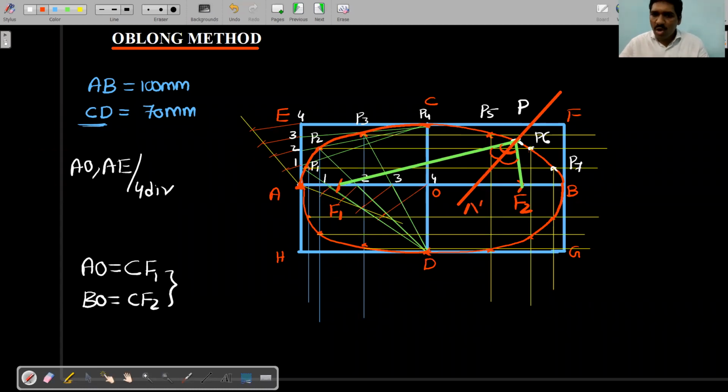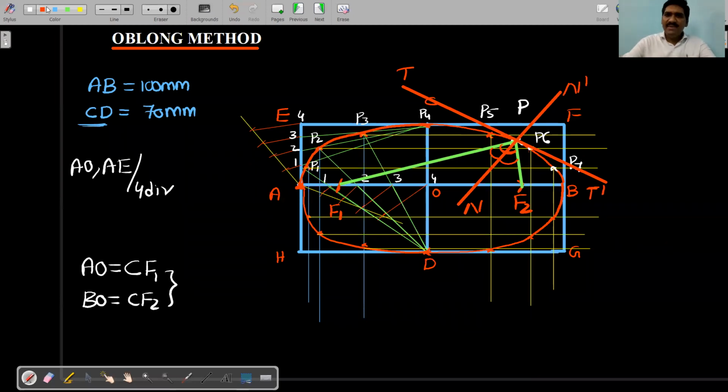And this will definitely become the normal. And if you get the normal, how can we bring out the tangent? To this normal N, just draw a perpendicular line like this, all of you. And this will definitely become the tangent, that is T. That is the picture.